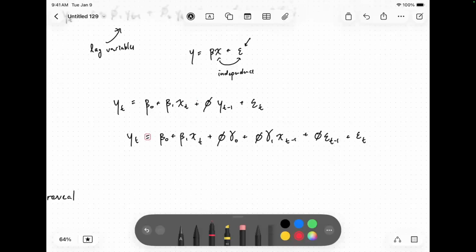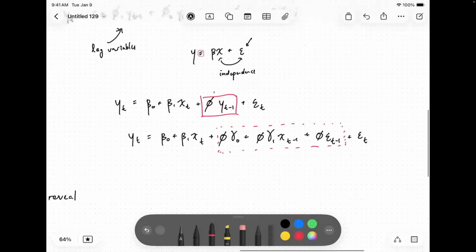So we have simply substituted in for y t minus 1 the terms from this, if we were to turn this into here, and then looking at the previous terms.